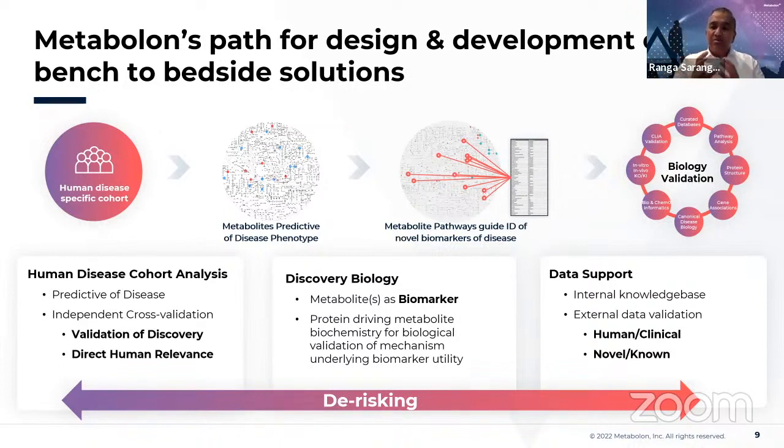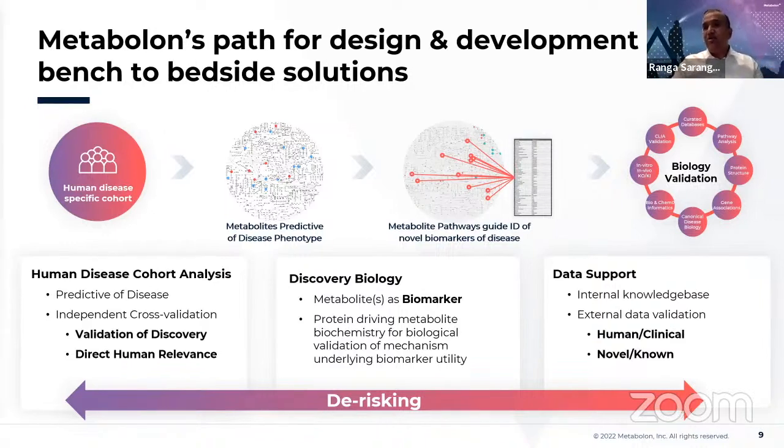And basically, linking the biology to disease and the ability to start development of solutions that are actionable and can be translated towards a clinical or commercial value. And that's the overarching goal.